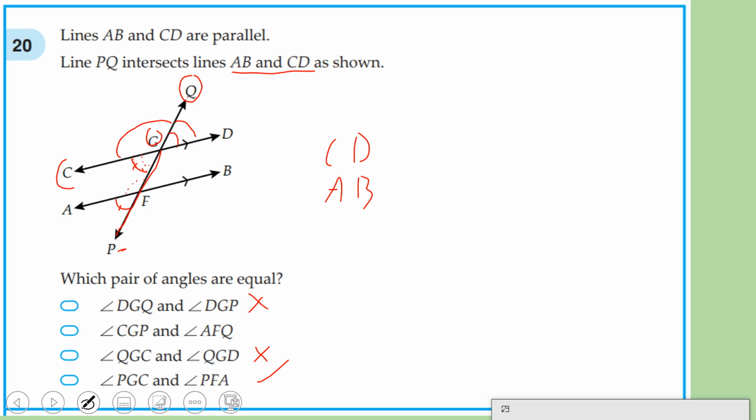So it is saying that the angle here and the angle there are the same, which they must be, because the AB and the CD line are parallel. Two parallel lines going through a straight line. So assuming they were parallel, these angles will be the same. So yeah, that's the answer for that one.